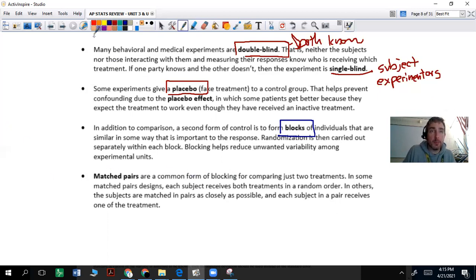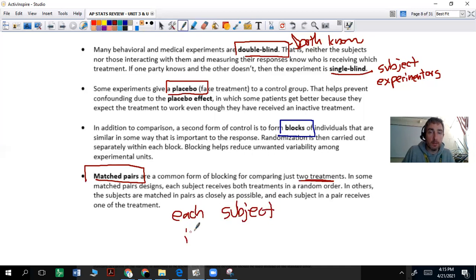And then finally, matched pairs. Matched pairs typically is when one subject gets two treatments. Instead of blocking a bunch of people in one block, in matched pairs each subject is the block. What does that mean?